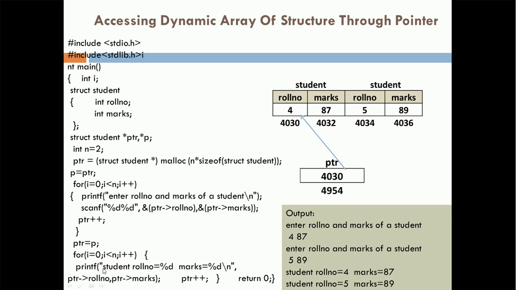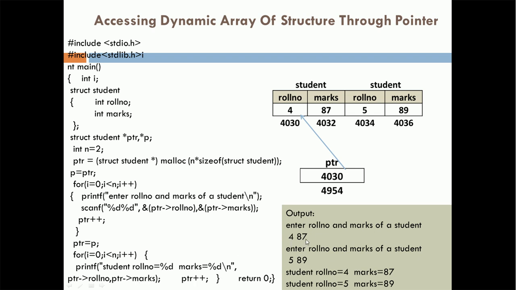So for that purpose we have written a for loop which is executed for the value of i from 0 to 1. In the printf statement, ptr->roll number will provide you the roll number field of the first array element, and ptr->marks will provide you the marks field of the first array element. So it will print 4 and 87 here.